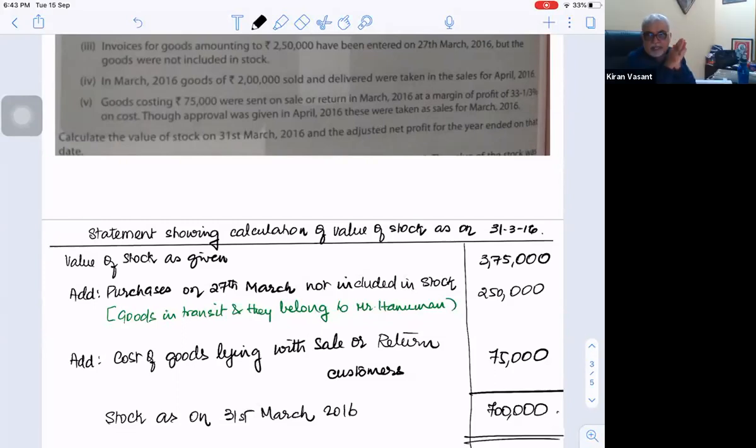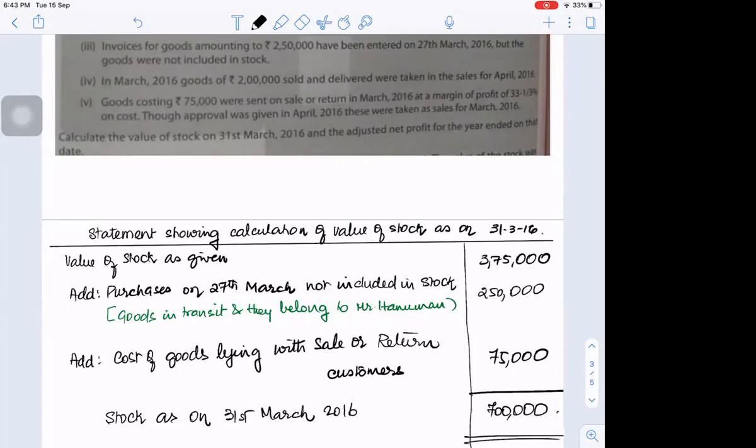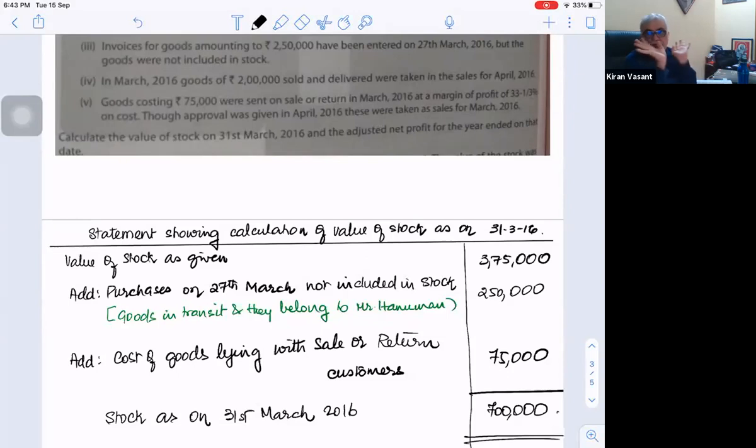The sale should have been accounted in March itself, but it has been accounted for in April. We'll correct that. Stock position, there is no problem. The stock was not there in March. We didn't include it also. So it's fine.